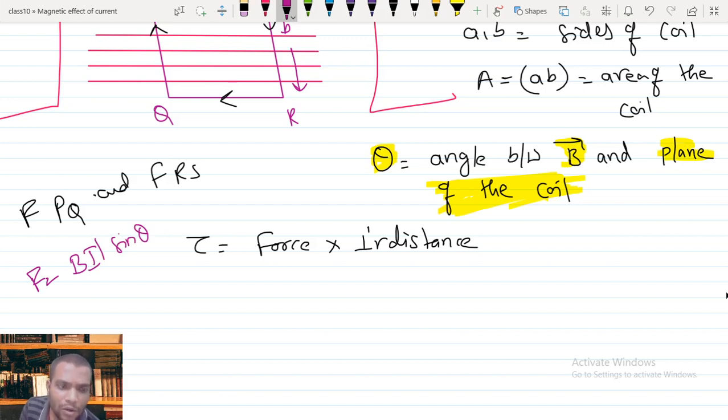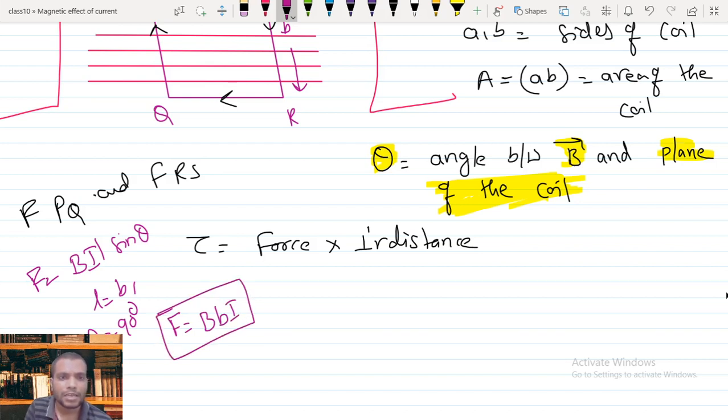Here L is the elemental length and theta is the angle between the elemental length and B. Now in the place of L I need to substitute, since L equal to b and theta equal to 90 degrees. Therefore the force F equal to capital B times small b times I. So this is the expression for force.